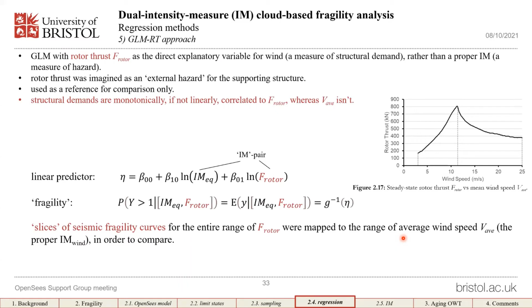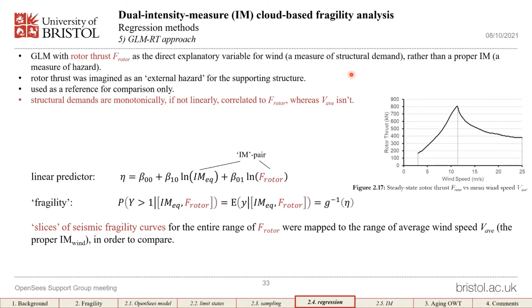The fifth method is what we call the rotor stress approach. In this approach, the intensity measure for the wind was replaced by the magnitude of average rotor stress felt at the top of the tower. Remember that the rotor stress of the tower is not a measure of the hazard, but a measure of structural response.